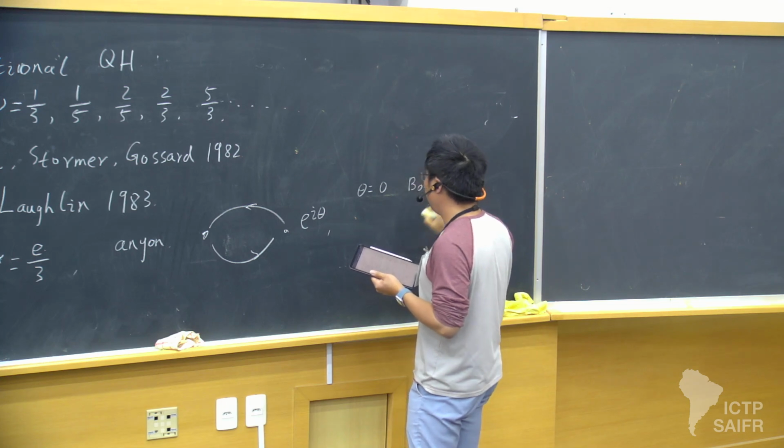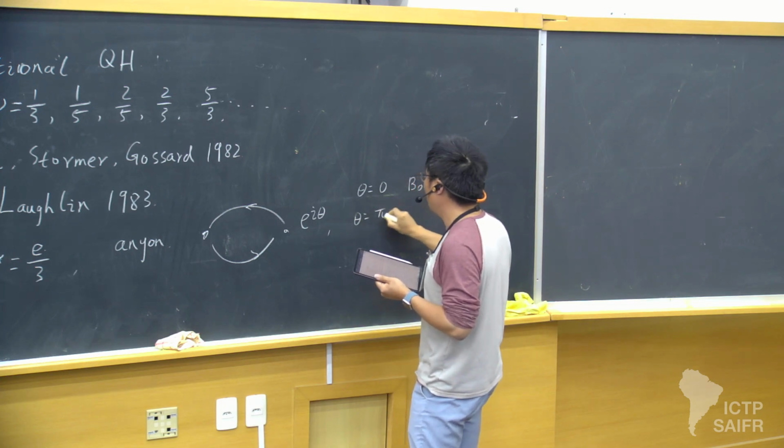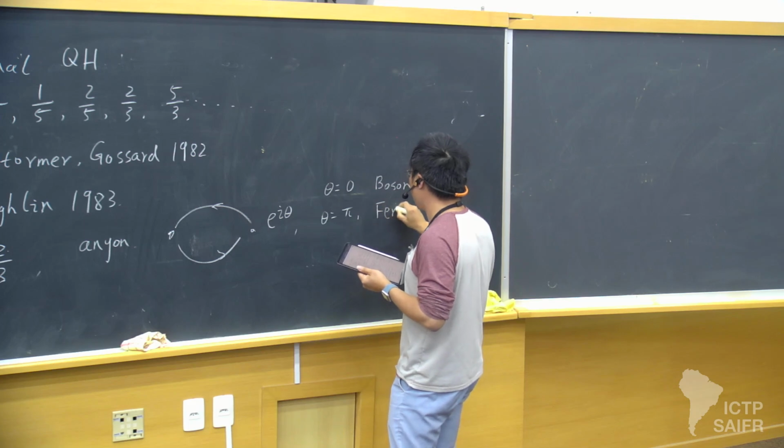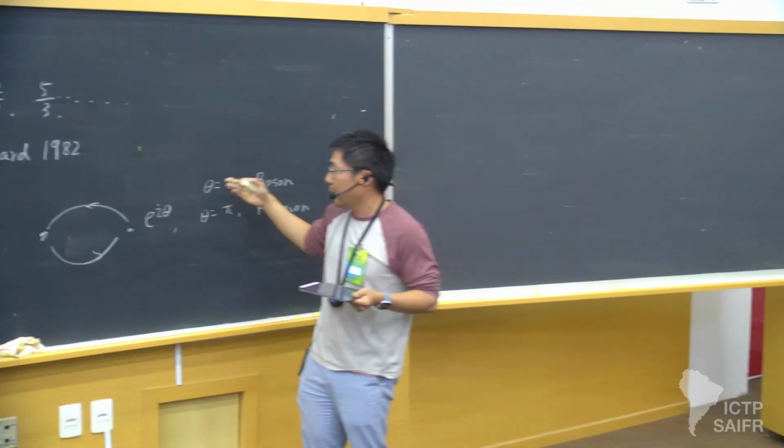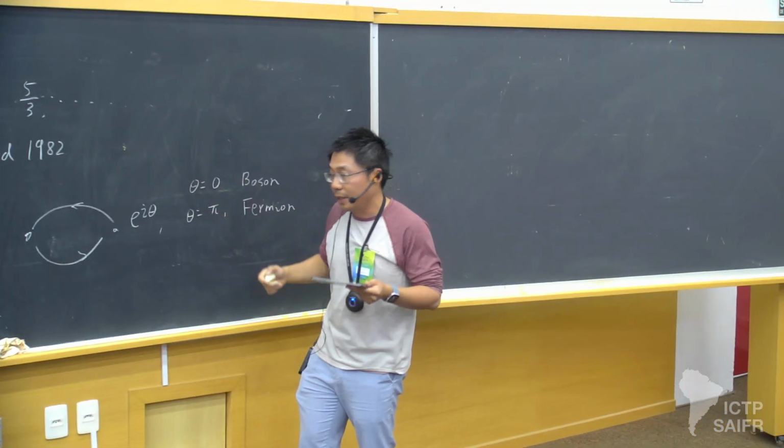If θ equals π, that's a fermion. For anyons, θ is neither 0 nor π, it's some fractional number.